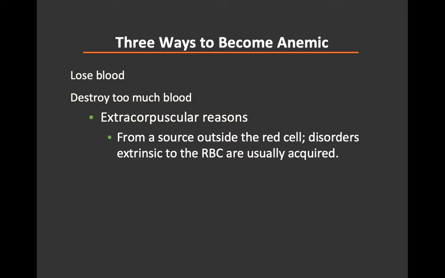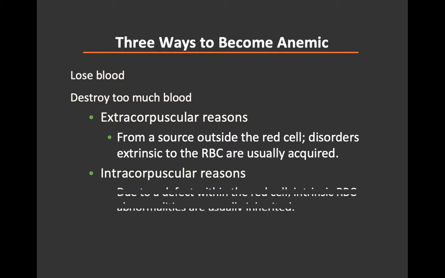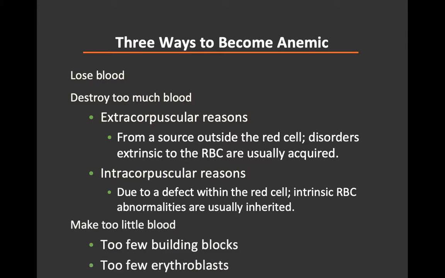Disorders extrinsic to the red blood cell are usually acquired. And then intracorpuscular reasons, this is due to a defect within the red blood cell. So intrinsic red blood cell abnormalities are usually inherited. And then you make too little blood. So it's either because there are too few building blocks to make your red blood cells, or just too few erythroblasts in order to produce those erythrocytes.